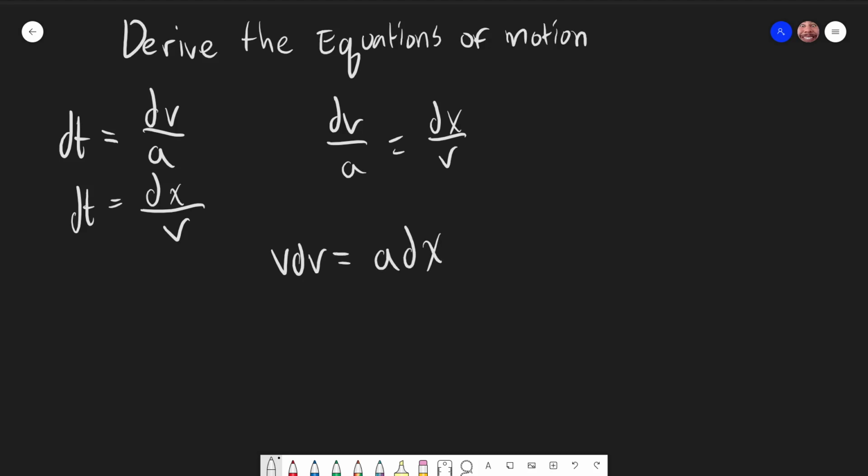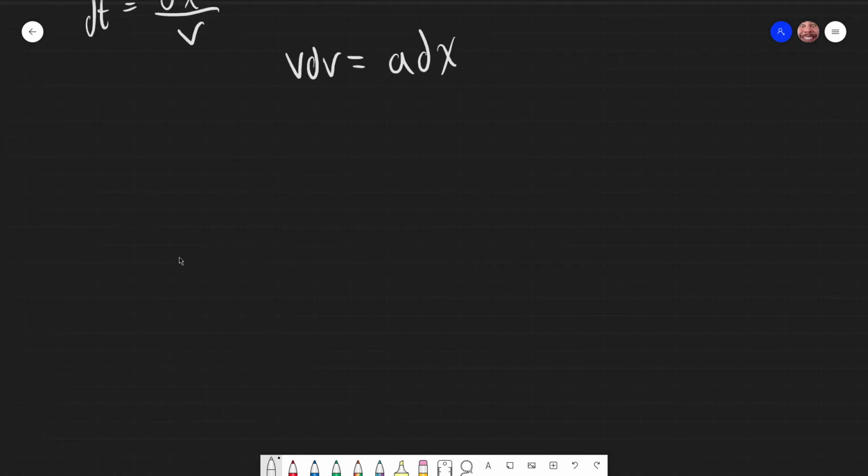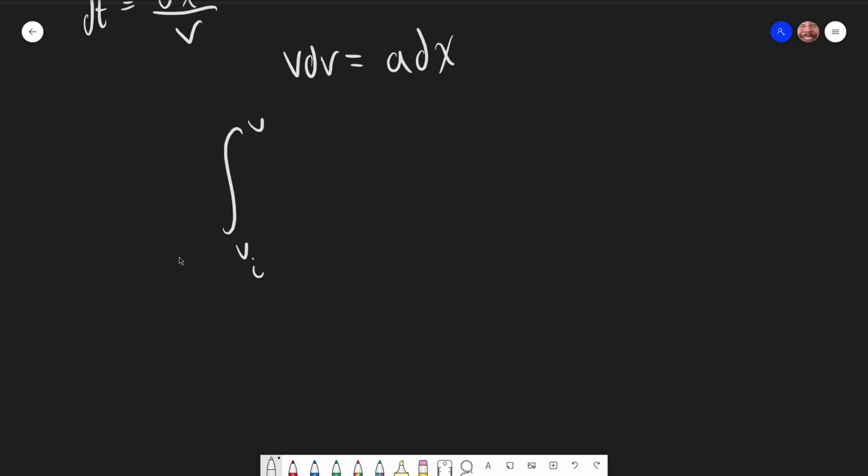And guess what we're going to do again? We're going to integrate once again. We have the integral from the initial velocity to the final velocity of v dv equal to the integral from the initial position to the final position of a dx.